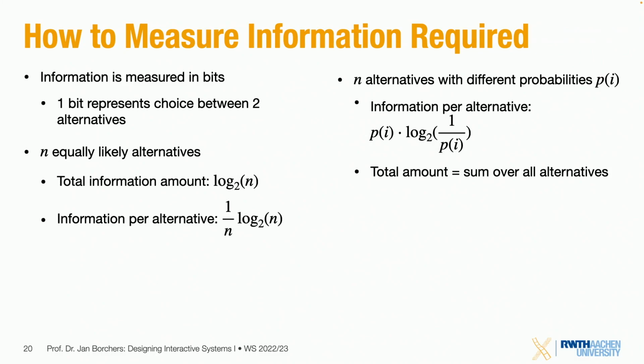That's just a more general formulation of what we have down here, right? If all probabilities are equal, then you have 1 divided by n, and we're back at this formula.